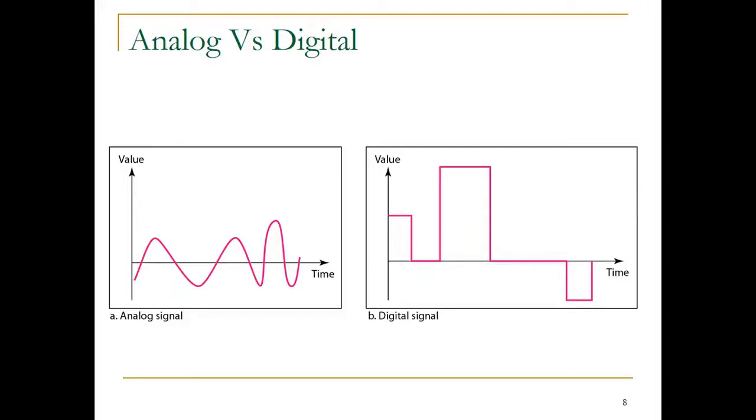So it's taking only discrete values in its representation. Whereas on the analog side, it would have a continuous waveform with an infinite range of numbers.